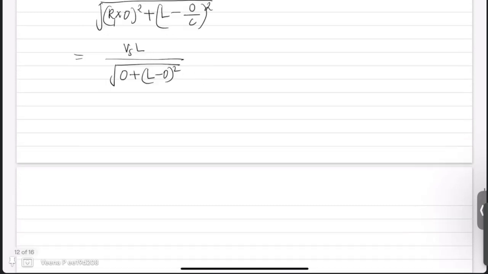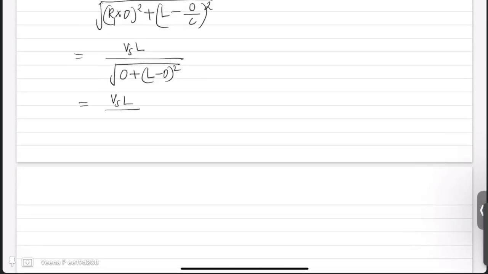So this becomes nothing but VsL divided by L, which is Vs. Vs is nothing but the magnitude of the Vs vector. So that means your magnitude is a constant and is the same as the supply voltage at omega equal to infinity.